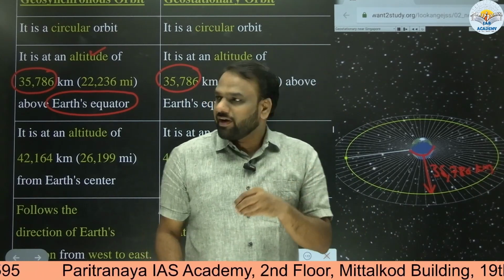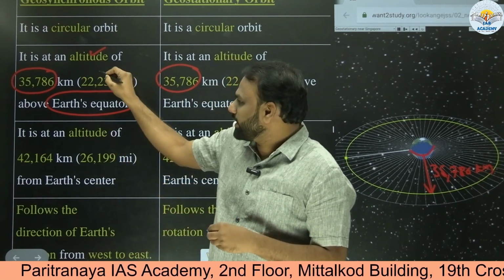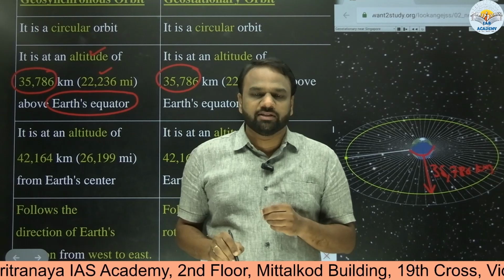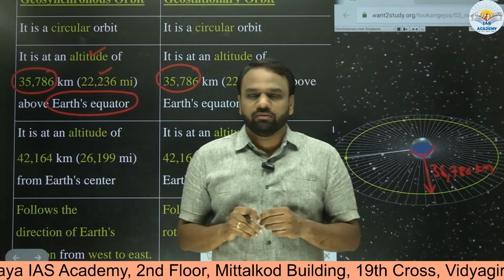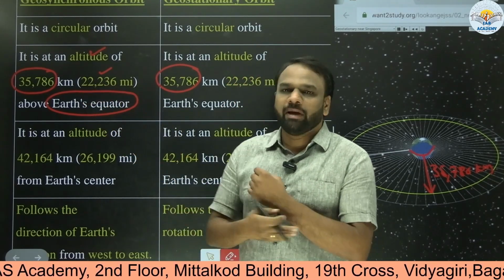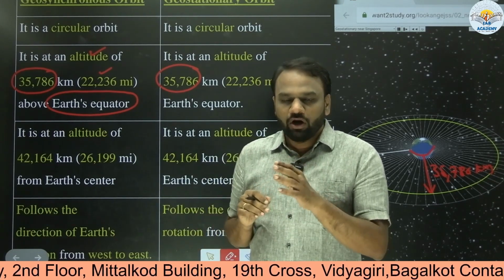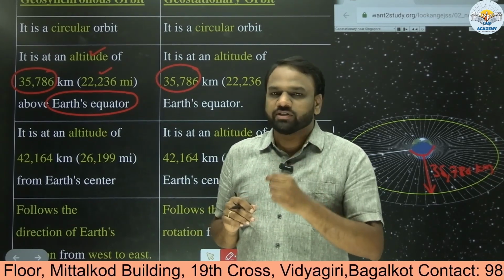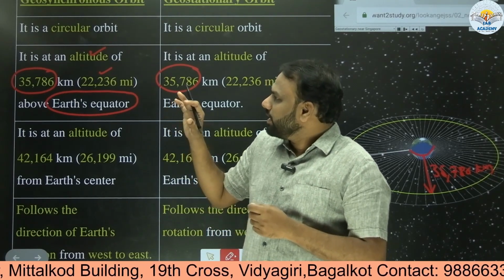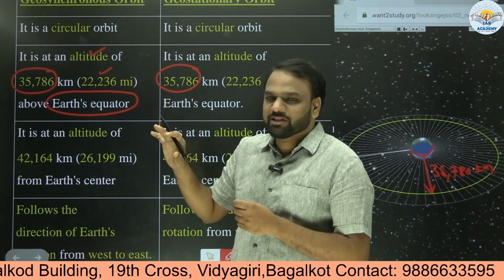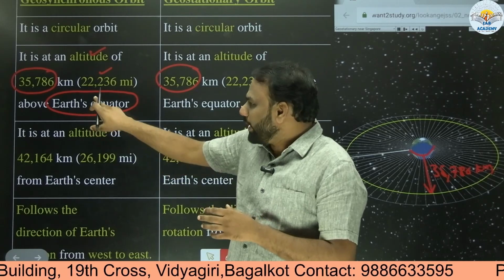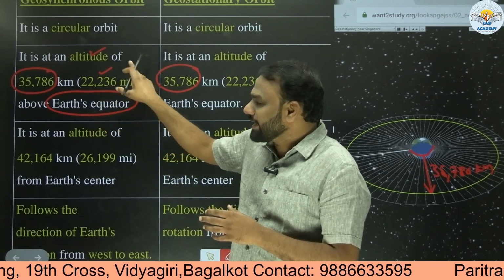If you convert this kilometer into miles, it is 22,236 miles. Both the values are important, in kilometer as well as in miles, and we have to memorize them. Often in examinations, in order to confuse us, they will say that geosynchronous orbit is present at an altitude of 22,236 kilometer.